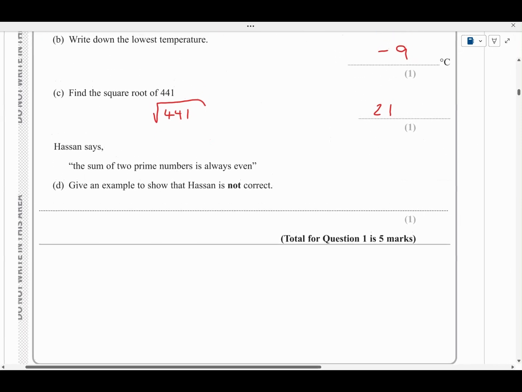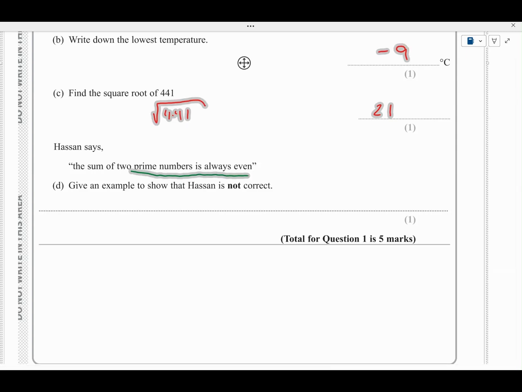The sum of two prime numbers is always even. Give an example to show he's not correct. Well, the only even prime number is 2. So if I start with that, and then I add another prime number, every other prime number is odd. So let's say I add the number 5.